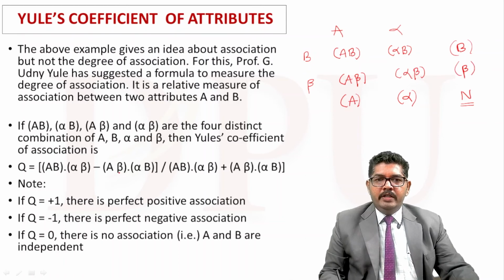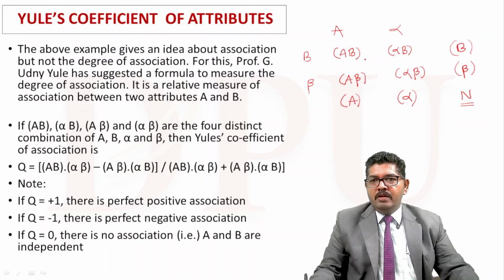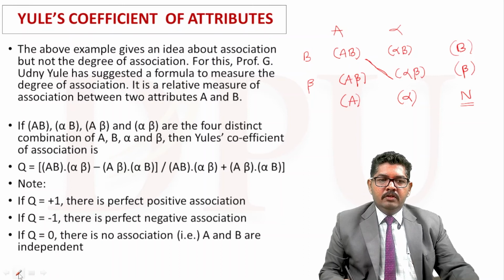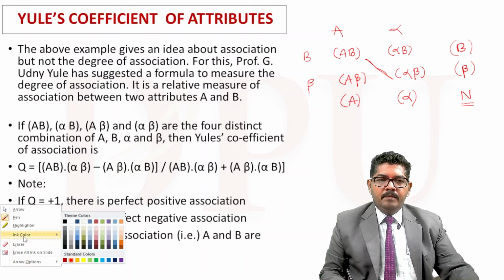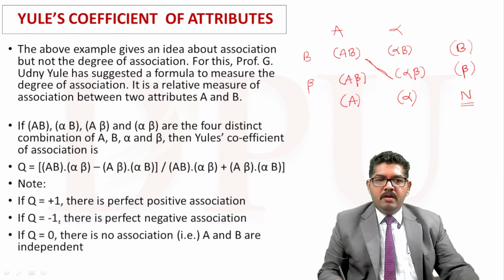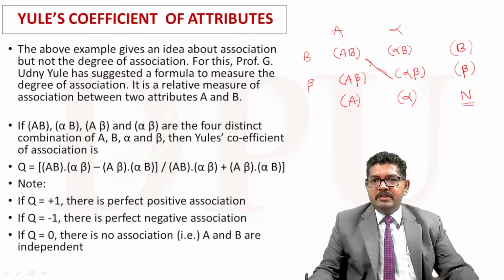So how do we calculate it? AB multiplied by alpha beta, so this diagonal multiplication, then minus this diagonal multiplication, and divided by this diagonal multiplication plus this diagonal multiplication.